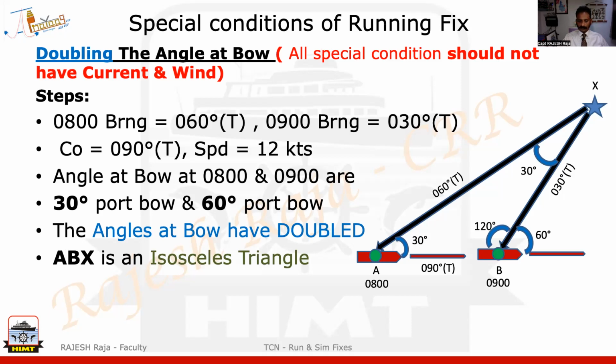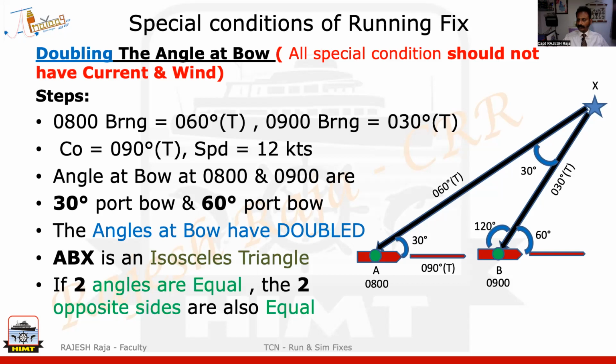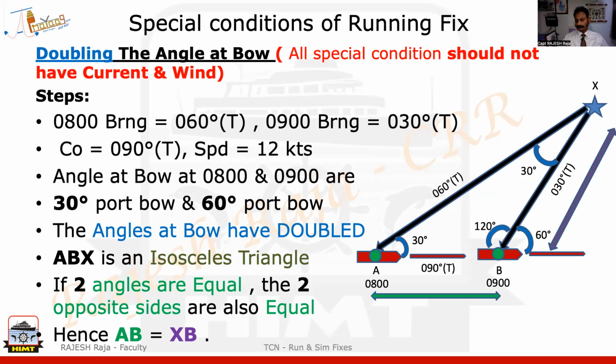So as per geometry, if two angles are equal, like I have 30 and 30, the opposite sides of this triangle also will be equal, which means AB is equal to XB. So this is the easiest way to understand. I can do a different way also. I'm going to show you in the coming slides. So isosceles triangle was again easy. AB is equal to XB.